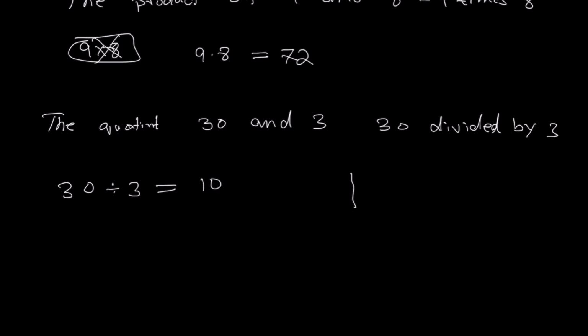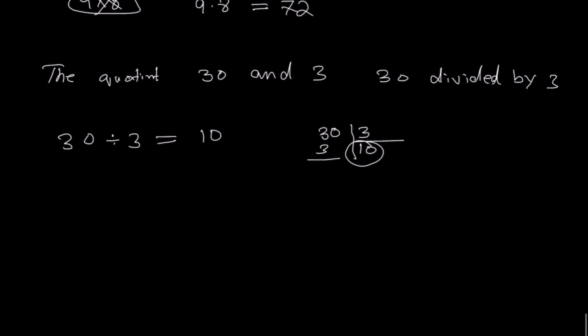We can also do it this way, as I said, our Asian way to write it. So 30 goes into 3 how many times? We can say 10 times, but 3 goes into 3 one time. 1 times 3 is 3. So we bring the 0 right here, and this will be our result.